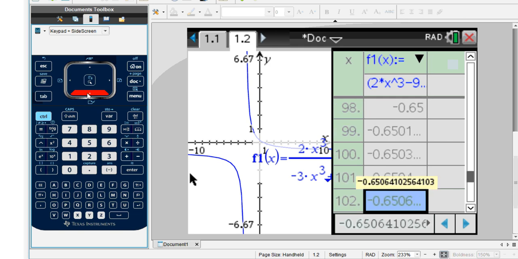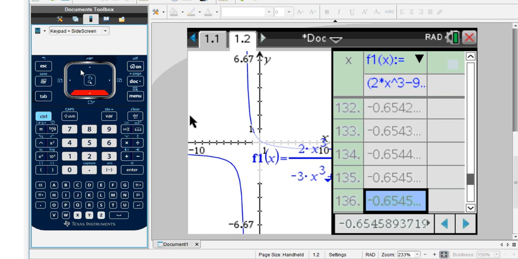And what we're going to do here is, it's not readily apparent to you perhaps, but what we're approaching is negative 2/3. And part of how I know that is because of my understanding of the analysis behind it in conjunction with what I see in the graph.